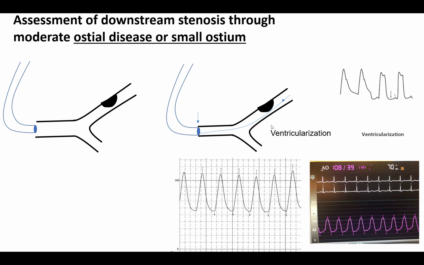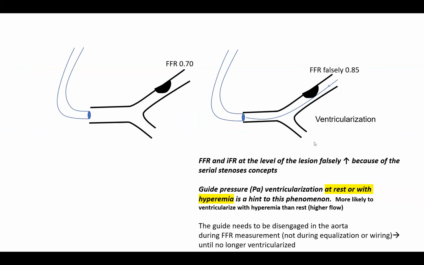This is happening with both IFR and FFR, but it's more pronounced with FFR because FFR relies on creating massive hyperemia. And that guide will create even further impairment of flow when you're trying to create hyperemia. Okay? So this is an illustration of that. The FFR would be 0.70 if your guide is disengaged, but it becomes 0.85 when your guide is engaged.